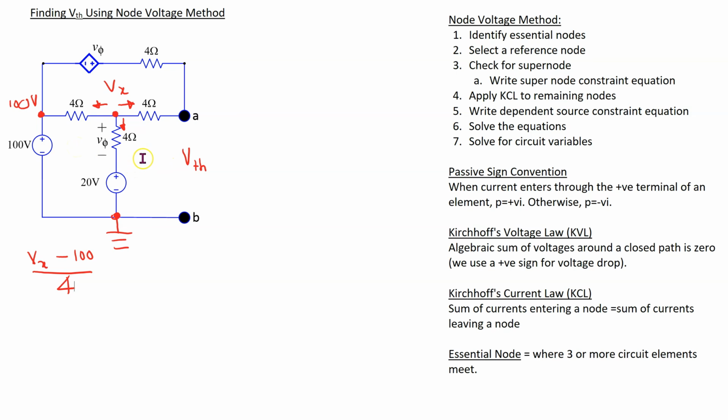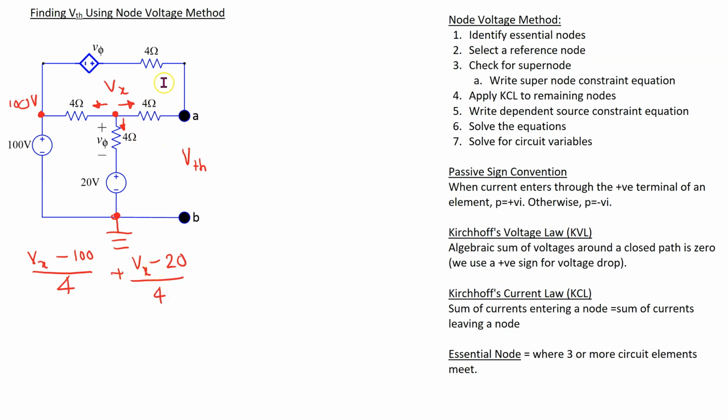Next, through this 4 ohm resistor, voltage at this side is Vx, and voltage here is 20 volts because we have the 20 volt independent voltage source directly connected between here and ground. So this branch current is given by (Vx - 20)/4.